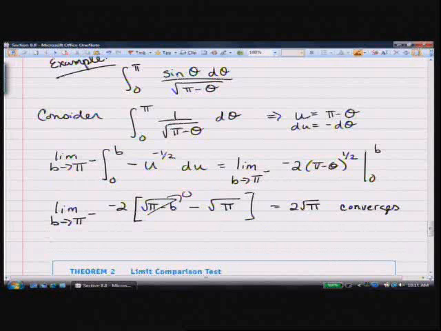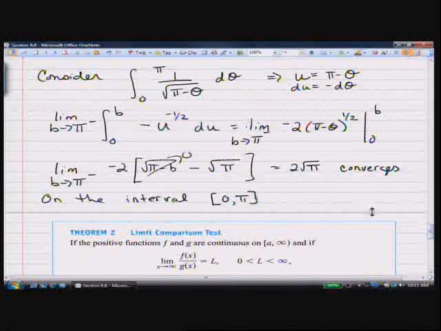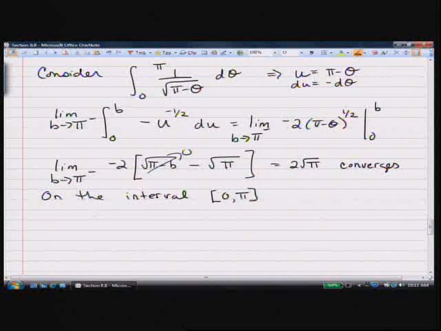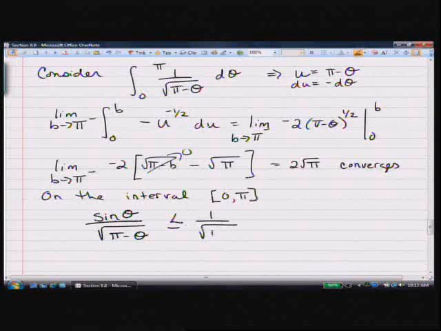Now, on the interval from 0 to pi, the sine of theta over the square root of pi minus theta will always be less than or equal to 1 over the square root of pi minus theta.